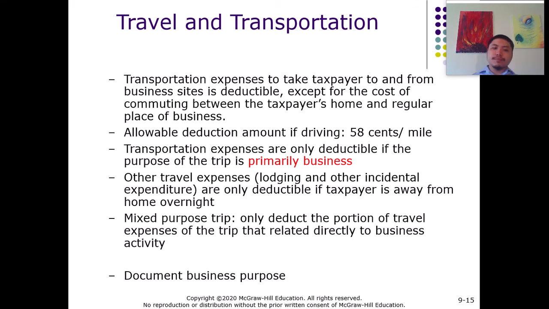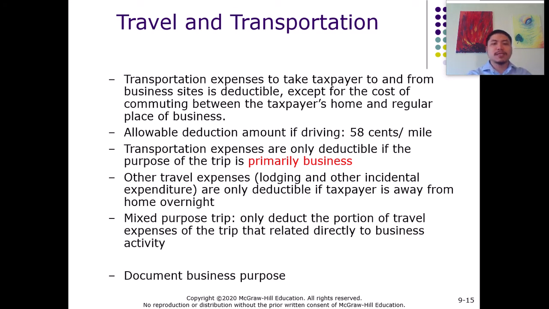All right. And again, only transportation expenses that are primarily business can be deductible, right? And we're going to talk about what is primarily business in a little bit.